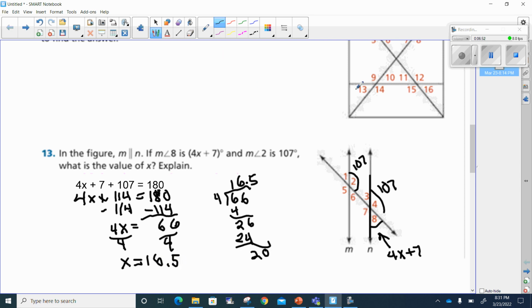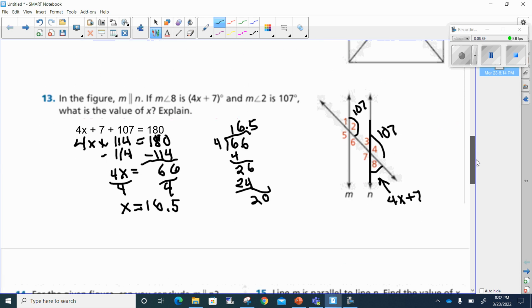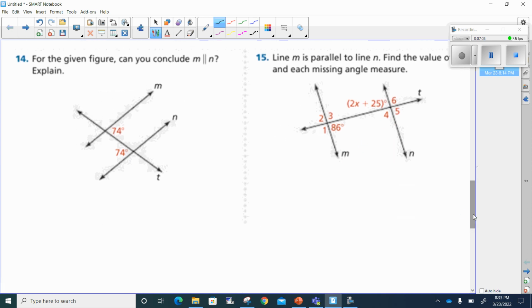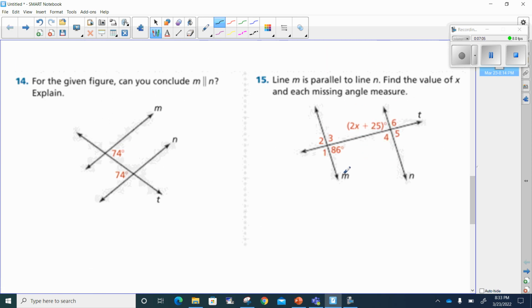All right, let's continue on. That was 13, so I have 15. Line M is parallel with line N. Find the value of x and each missing angle measure. Wow, I gotta find all. All right.